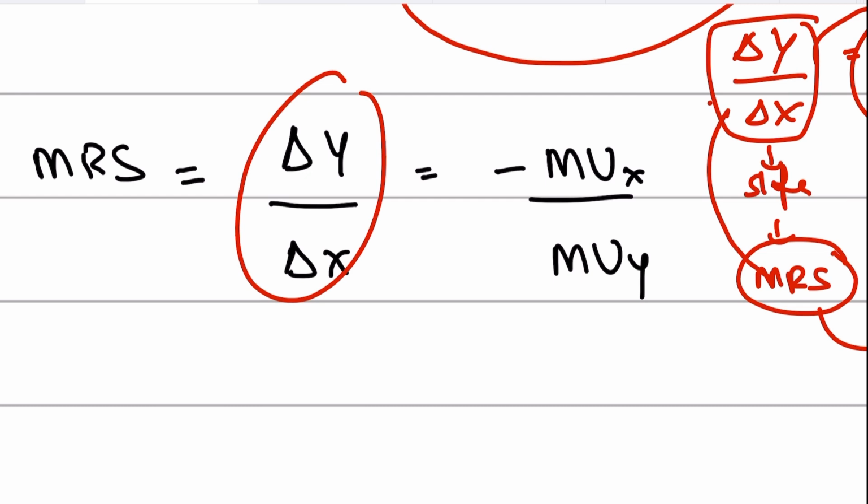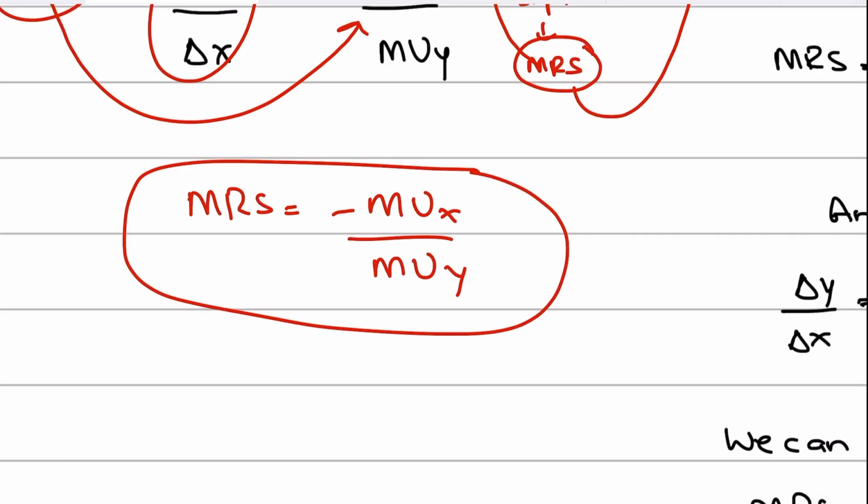That is why, if you read the economics literature, it's written that the marginal rate of substitution is equal to MUX over MUY.